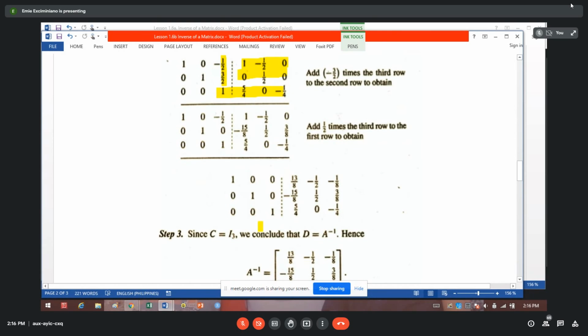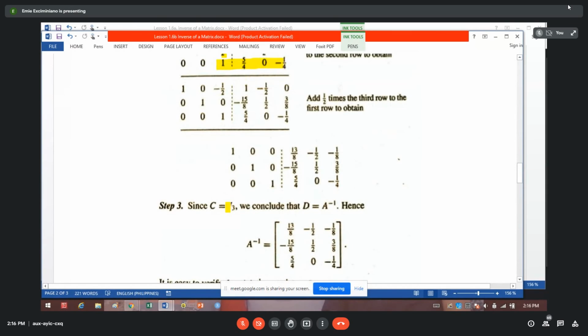Now, we have already an identity matrix doon sa first matrix. Okay? This is supposed to be C. And that is our identity matrix. 3 by 3, diagonal, 1s lahat, tapos 0 lahat the rest of the entries, except the diagonal.